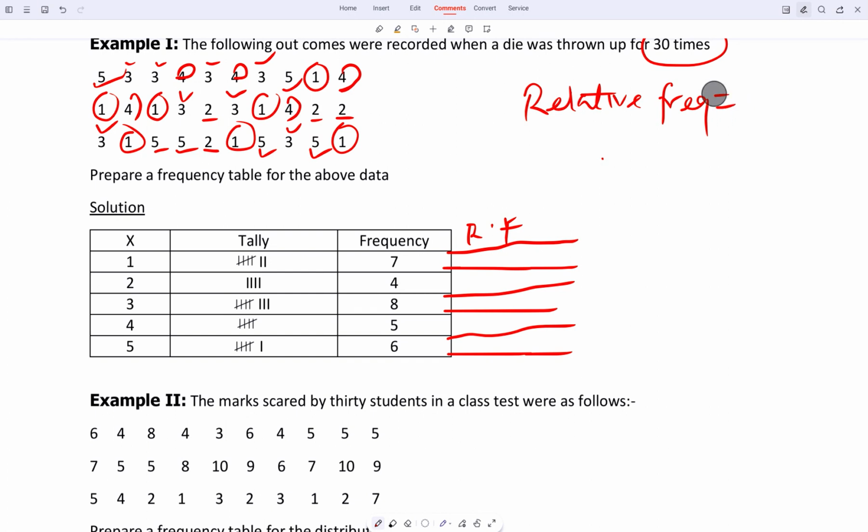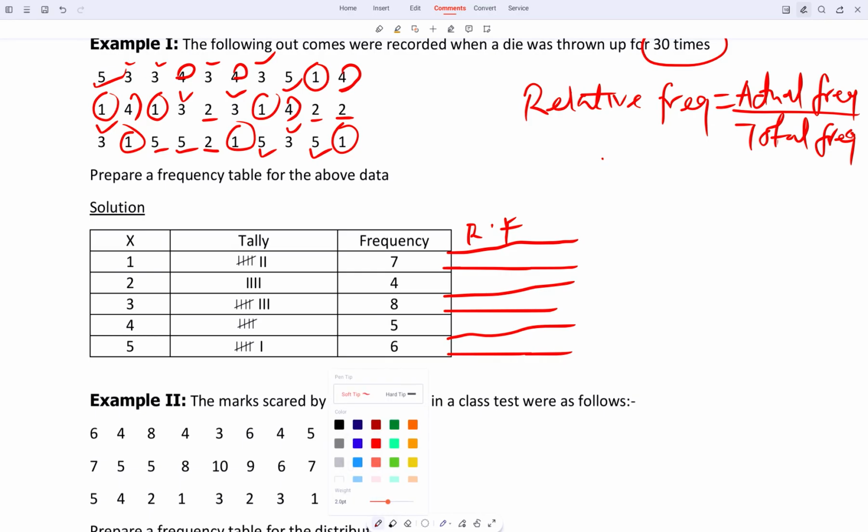No, it is not always part, but if I want it to be part, I will specifically say that find relative frequency. You will be specifically told to find the relative frequency. So the formula for relative frequency is actual frequency over total frequency. Actual frequency over what? Over total frequency.